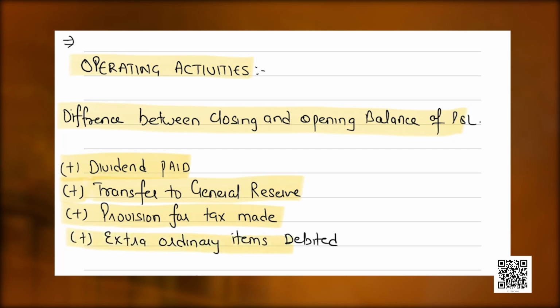There are certain extraordinary items debited in profit and loss, for example, voluntary retirement compensation paid to any employee, or any claim paid. These are extraordinary items. These are not our operational thing. We have to add them back because we are calculating cash flow from operating activities.